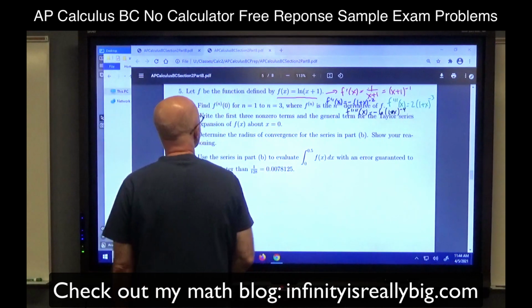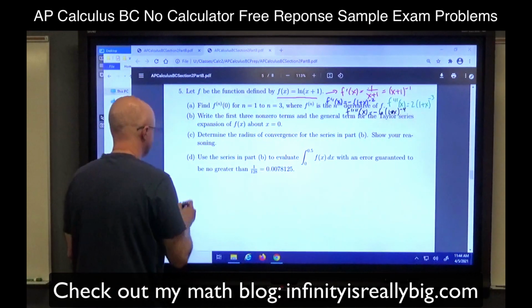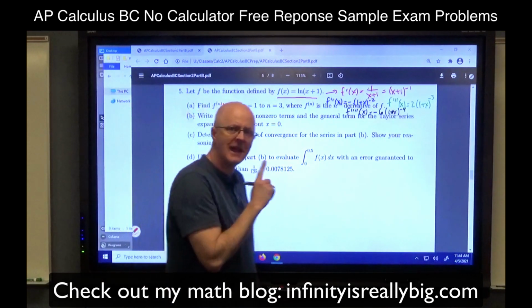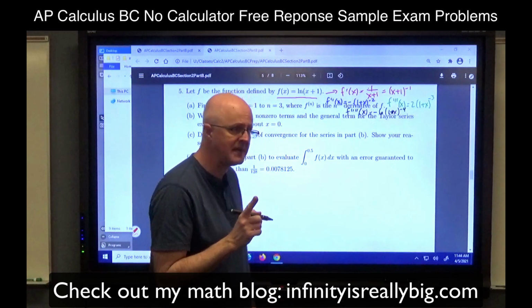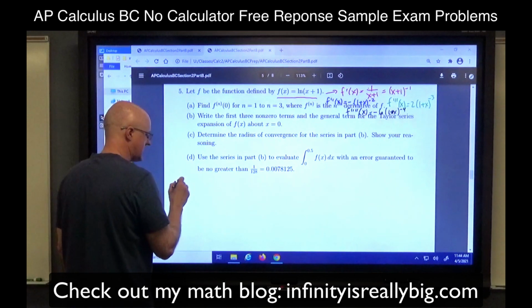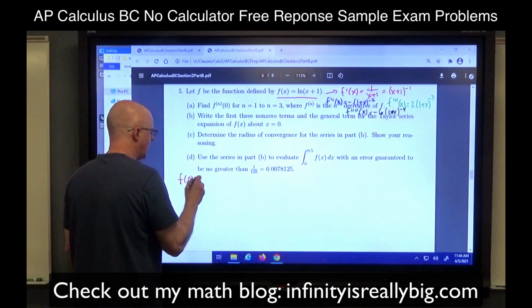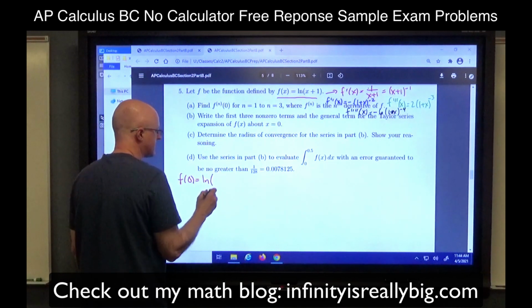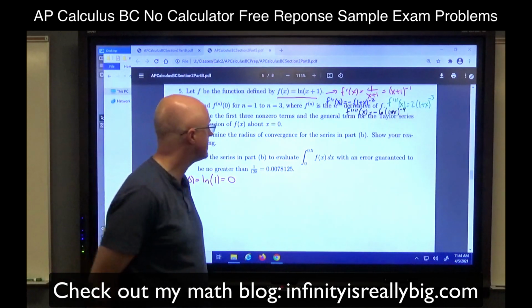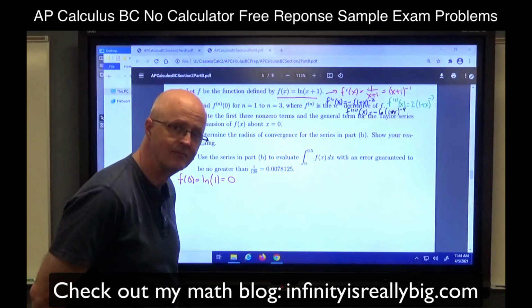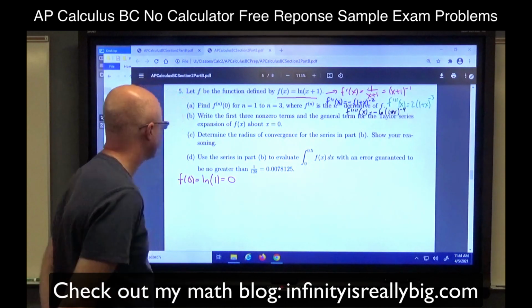So now, part A, plug in 0. It's not requested in part A, but I will need it for part B. Let's compute f of 0 itself as well. F of 0 is natural log of 1 plus 0 is natural log of 1 is 0. And I technically do need to know that for part B, because it's going to be part of the Taylor series expansion.